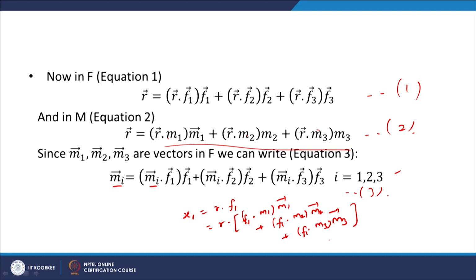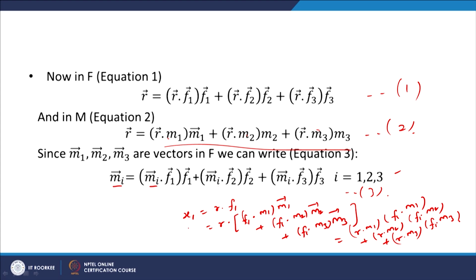So, this is the expression. This gives r dot m1 into f1 dot m1. This is nothing but if I take the dot product of r and m1 into f1 dot m1. The second is r dot m2 into f1 dot m2, plus r dot m3 into f1 dot m3.